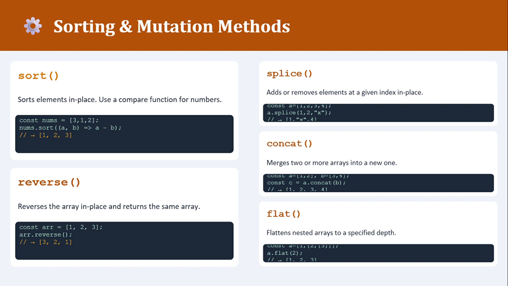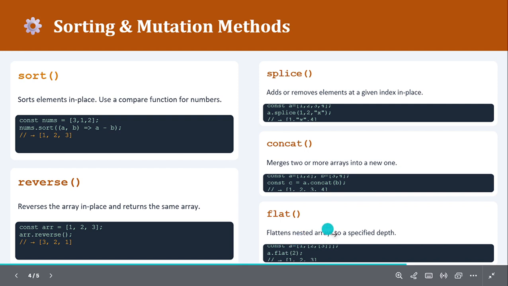For example, if you're working with similar arrays and you want to merge or combine them, you use concatenate with this syntax: a.concat(b). The a signifies the first array and b the second array. Then flat returns a flattened array up to the specified depth.